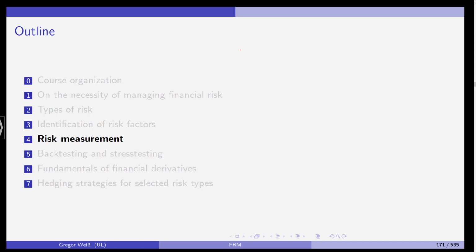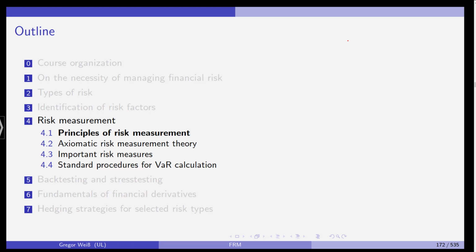We are now given a loss distribution L, or simply X, and we are interested in some function mu of X that gives us some kind of risk measure, and this is what we'll be looking at here in chapter 4.